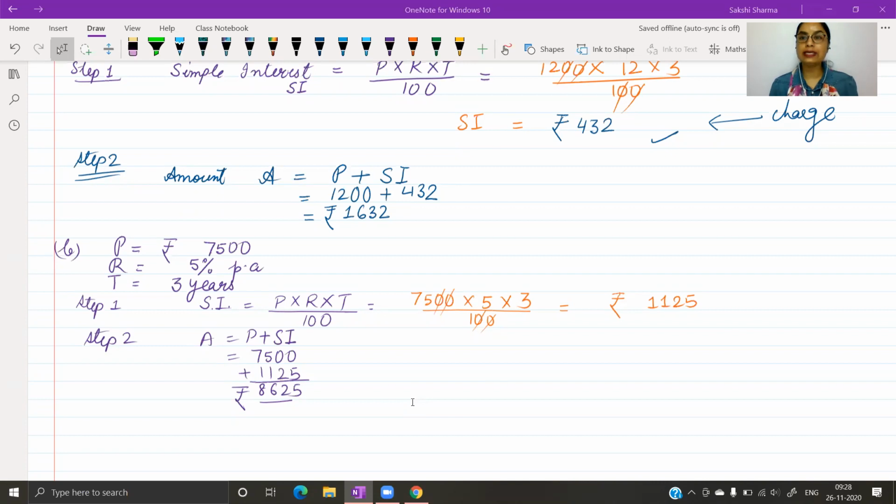So right now we are only calculating that if a person is borrowing this much money for this long, he borrowed 7,500 rupees for 3 years, and the charge will be at 5% per year. So according to that the person would need to return 8,625 rupees in total. How to return it, we are not discussing right now, whether he returns annually or monthly. We will divide 8,625 by how many years he has to return it in. Okay, ma'am.